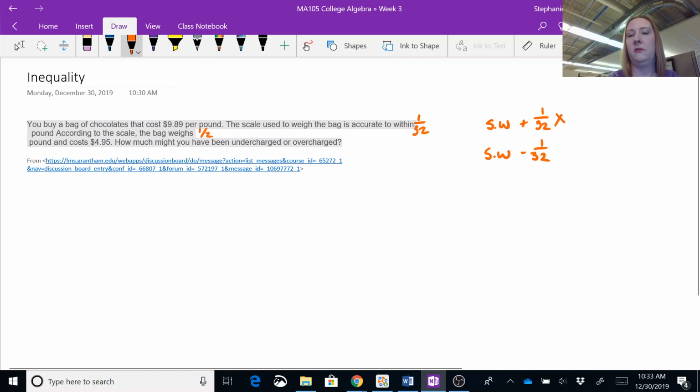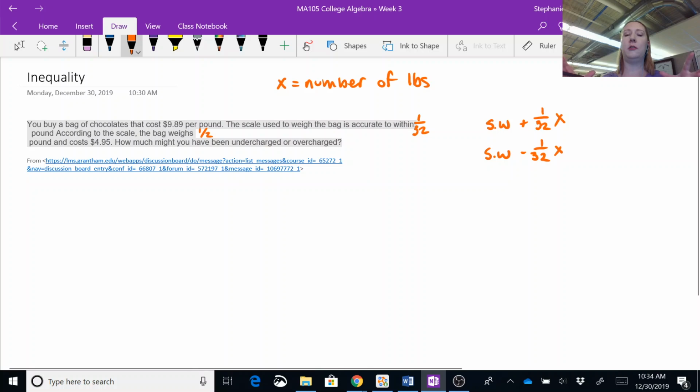So let's just use variables: x equals the number of pounds. Whatever the scale says, it could be higher or lower by that amount. And so we can create an inequality here to represent that you're either higher or lower.